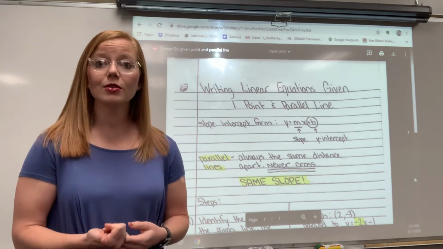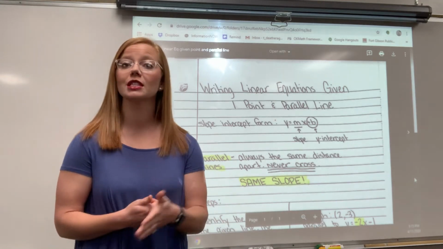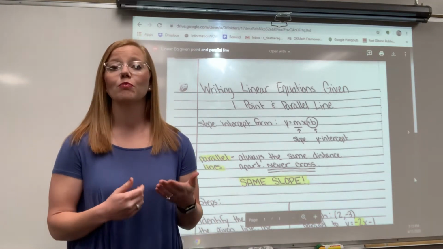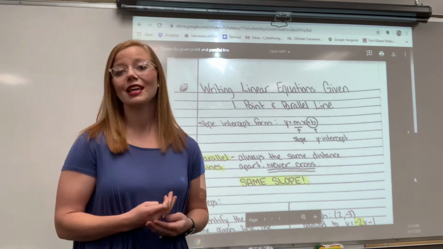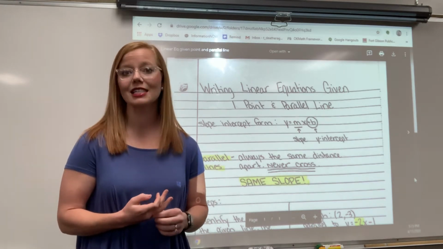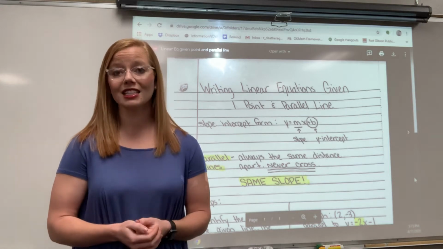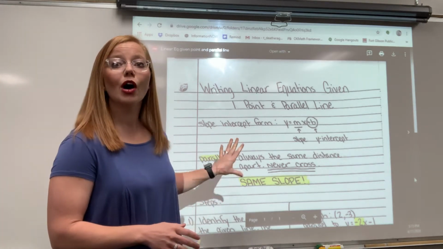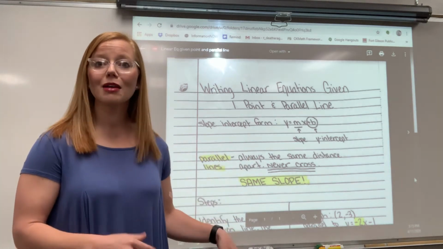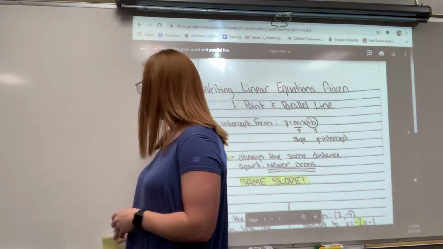We're also going to be using our point slope form that we learned towards the latter part of last week. y - y1 = m(x - x1). We're going to be using that today as well. So hopefully you've copied these down as well as your steps, and we will dive right into some examples.